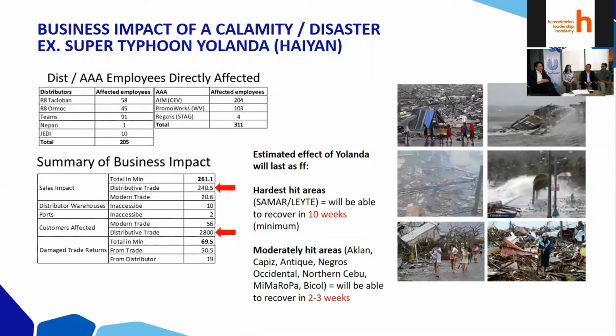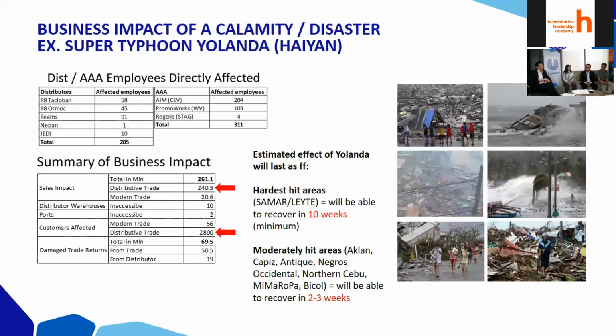And if you look at the actual sales loss in that very short period of time, we're talking about 270 million pesos, so a little over $5 million. What's interesting is that if you look at where that loss is coming from, it's coming from distributed trade. These are the small, micro retailers operating in the country.